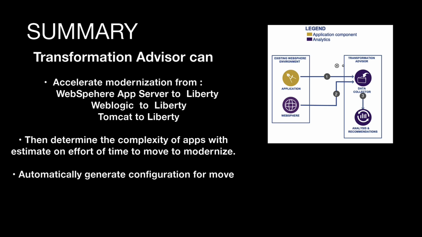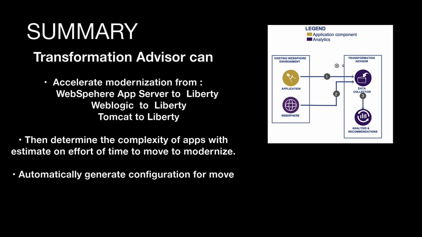One uses the data collector and connects that to WebSphere, Weblogic, or Tomcat to extract and get the advice from the Transformation Advisor. It can determine the complexity of the apps and the estimated time to move and modernize your application.